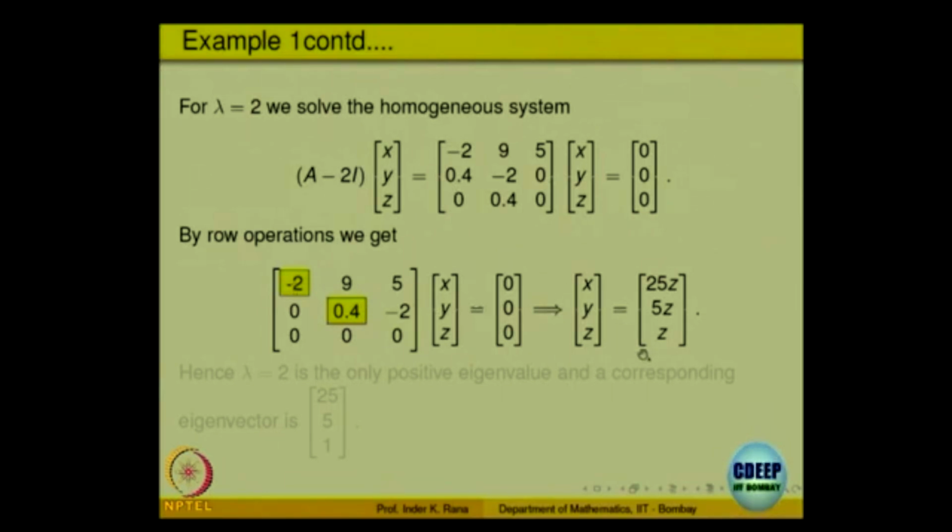So, it comes out equal to this. You can take z out, that is a scalar, times 25, 5 and 1. So that is an eigenvector for the eigenvalue lambda equal to 2. So it is clear how to find eigenvalues and the eigenvectors corresponding to them: solve the characteristic polynomial, and for each root solve the corresponding homogeneous system.